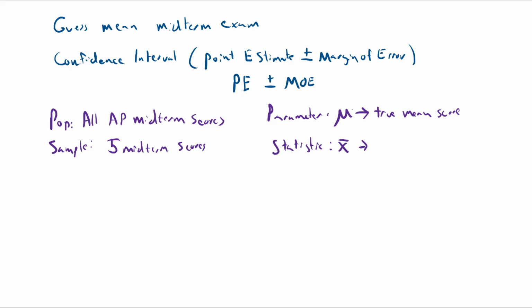So the mean from the 5 midterm scores, which in that case, if we put that in parentheses, is our sample.